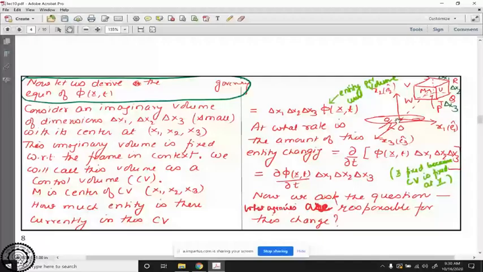It's just that for our derivations, we want to identify a volume over which we will apply governing equations. This is called a control volume. I will use the acronym CV. So a control volume is an identified volume in space, fixed at a location, and we will use that for various kinds of derivation.